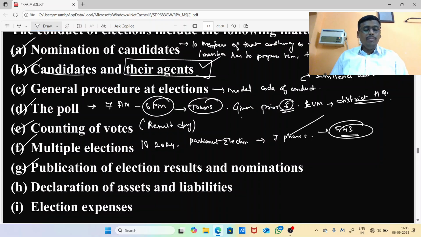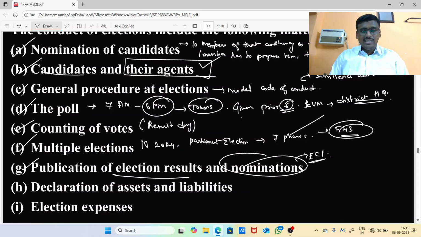And then there comes the publication of election results and nominations. So it is released by Election Commission of India. And a person whomsoever is willing to contest in the election, he needs to submit a declaration on assets and liabilities. So he should submit his asset, his or her spouse's asset, etc. And then there comes election expenses.